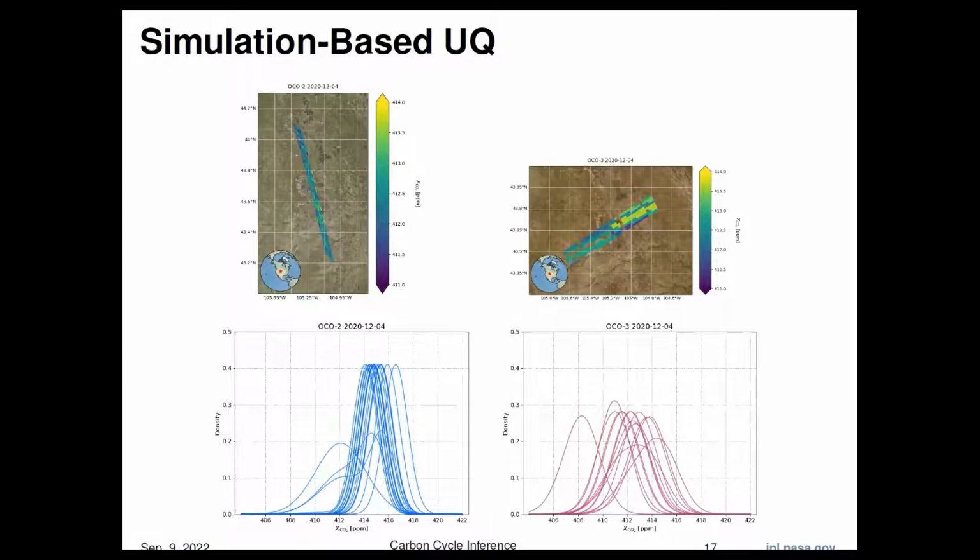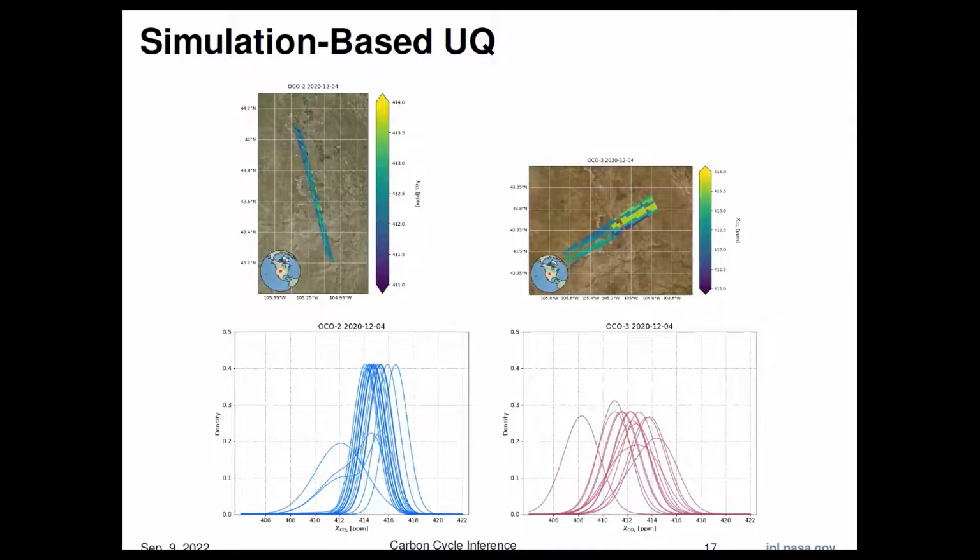Our procedure for UQ allows us to produce a collection of these distributions, which I've shown some examples of for OCO-2 on the left and OCO-3 on the right, and we have the capability to produce this for the operational pipeline.